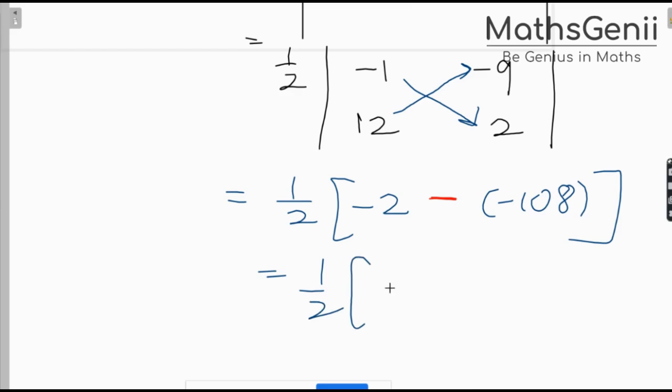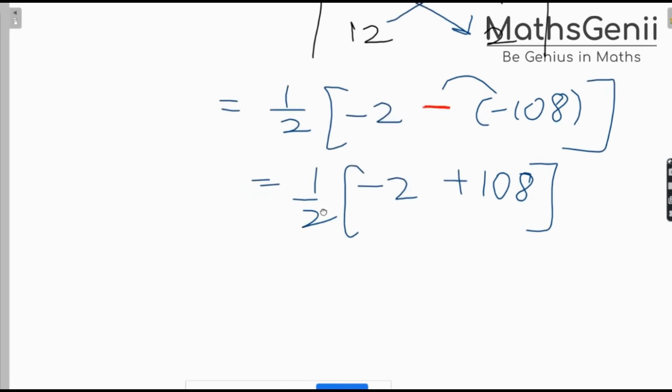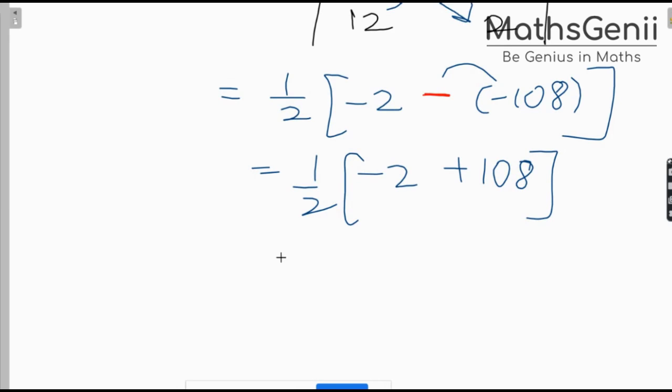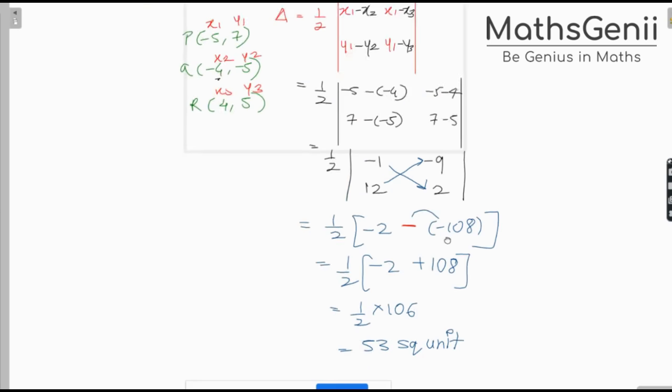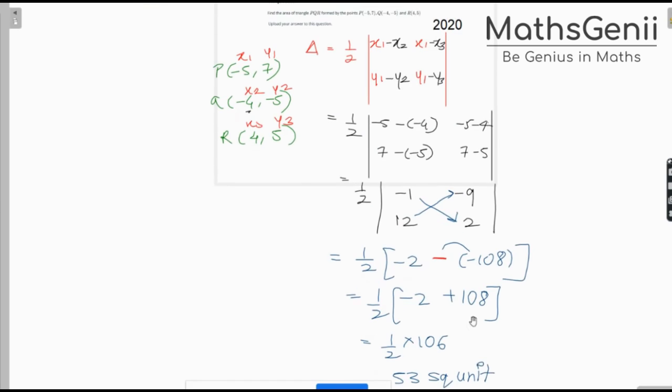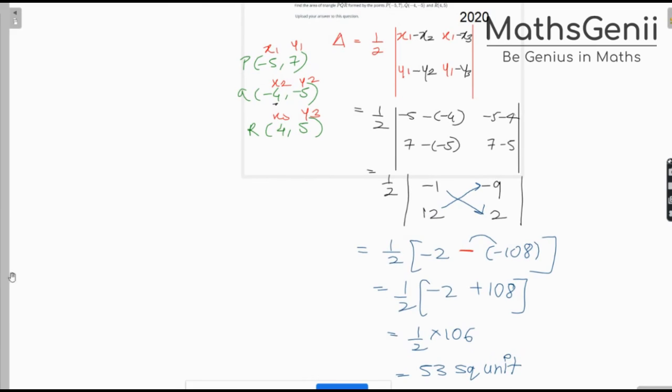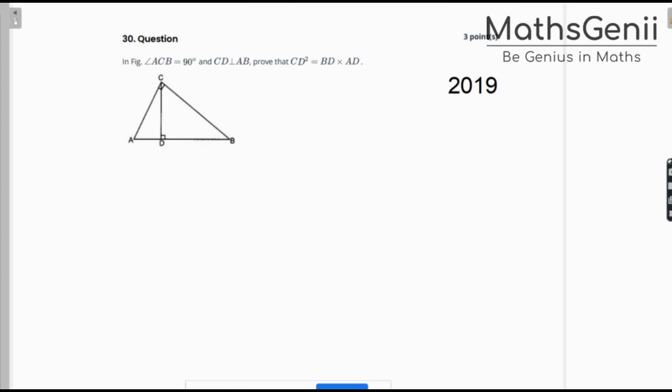So minus 2, minus into minus, plus 108. 108 minus 2, 106. See, step by step in detail, I have found out the area of triangle. So for that, you will need to remember this formula and how to solve this. It's just substitution.